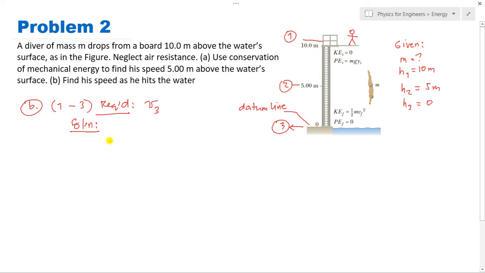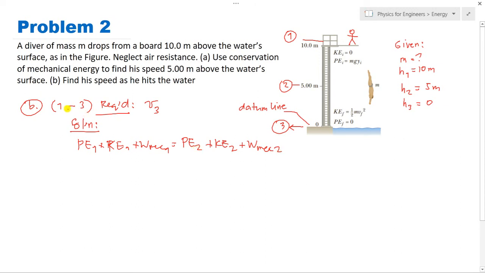So there is no friction, so it's the same: potential energy 1 plus kinetic energy 1 plus the mechanical work 1 is equal to the potential energy 2 plus kinetic energy 2 plus the mechanical work 2.